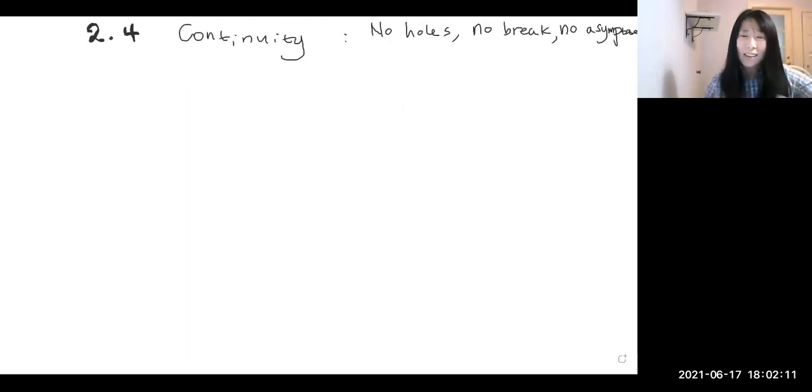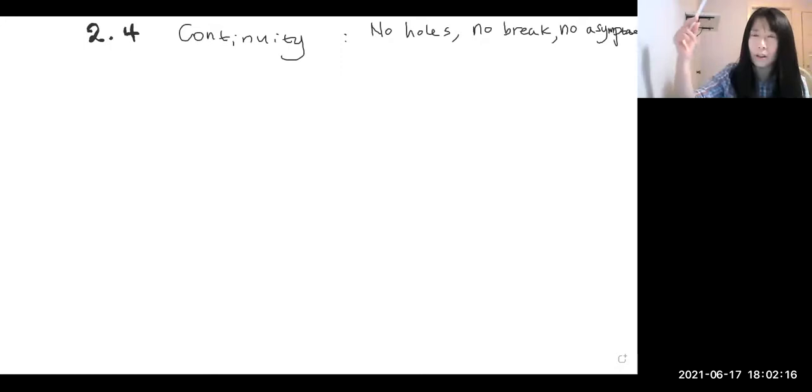Okay. So we draw the curve without lifting the pencil. Okay, that is continuous.